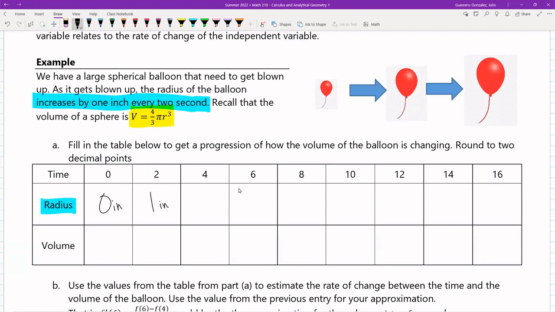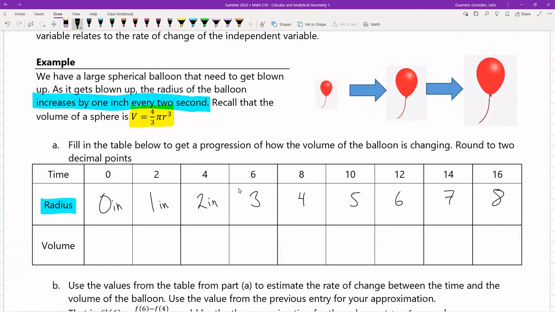Okay. At 4 seconds, this should be 2 inches, right? So that's 2 seconds, it grows 1 inch every 2 seconds. Should make sense from here on out, right? This should be 3 inches, 4 inches, 5 inches, 6 inches, 7 inches, 8 inches.